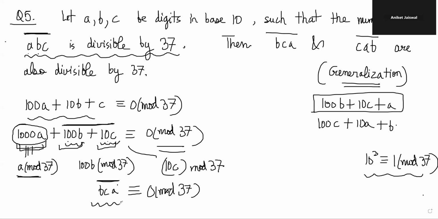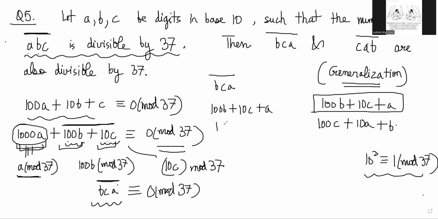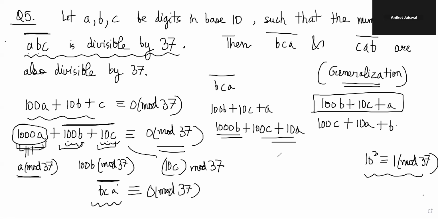Now we will multiply by 10 again, then we will get CAB. We can get 100C plus 10A plus B is 0 mod 37, so CAB is 0 mod 37, sorry, 37.